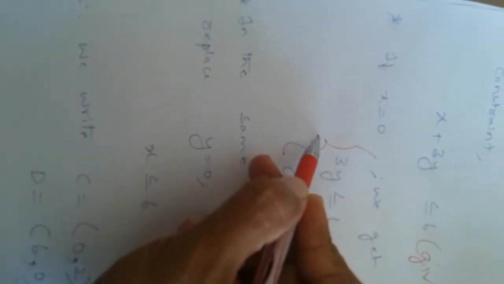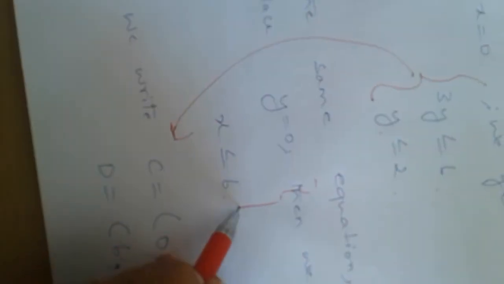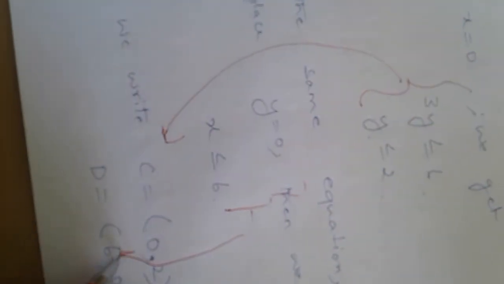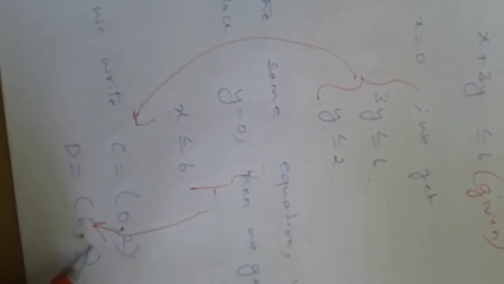So from this calculation we can write that point C is 0, 2 and point D is 6, 0. So this is the calculation here.